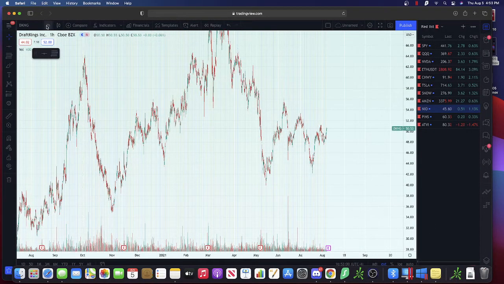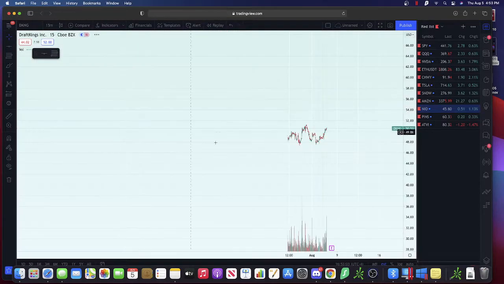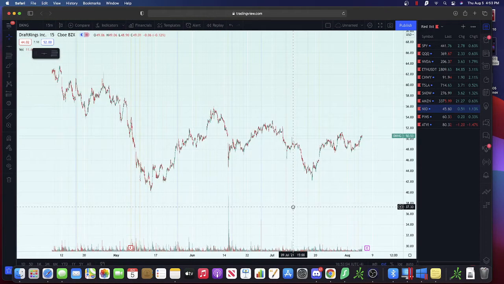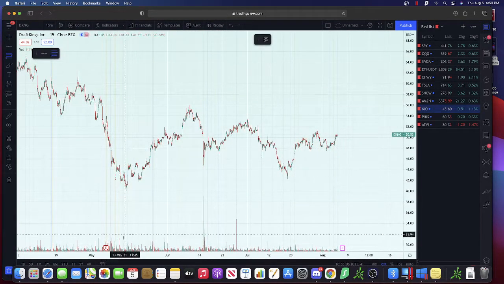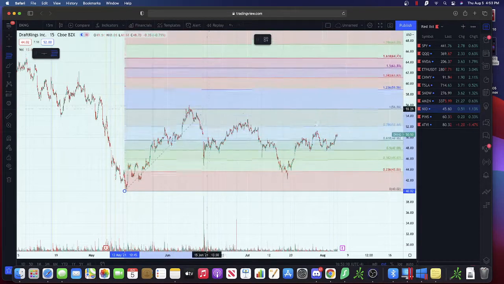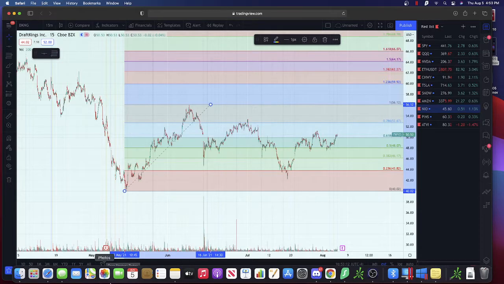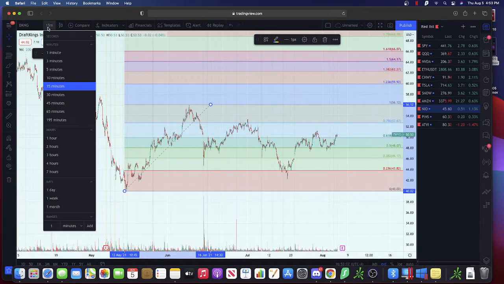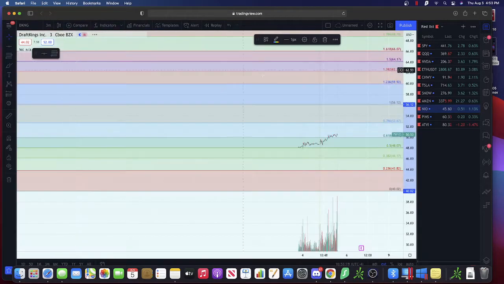Let's do randoms. I'll go on a small time frame. I haven't done a small time frame for you. 15-minute chart. Let's say I'm doing this swing low to swing high. You can see where price is acting. Go on the 3-minute.